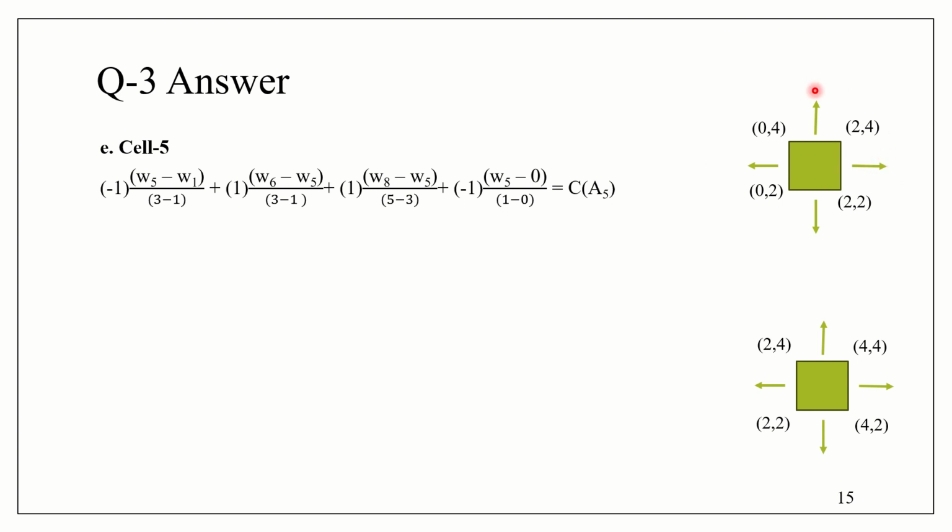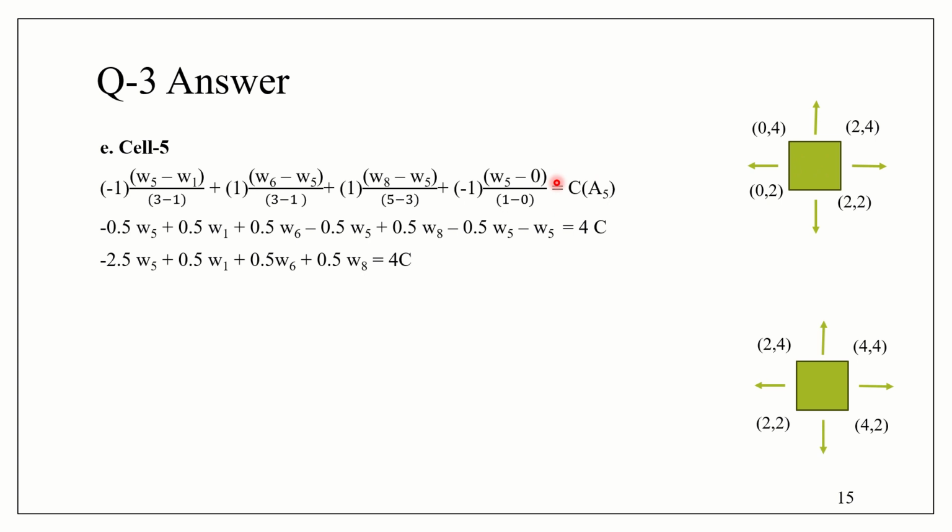Immediately above cell 5 is the 8th cell, so W8 minus W5 divided by 5 minus 3. Now we come to this direction: it is W5 minus 0, so 1 comma 1 minus 0. Again, the area of the cell we calculate as 4C, and after that we get the simplified equation. A similar approach is used for cell 6 as well.